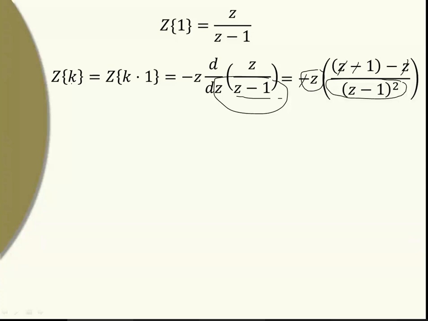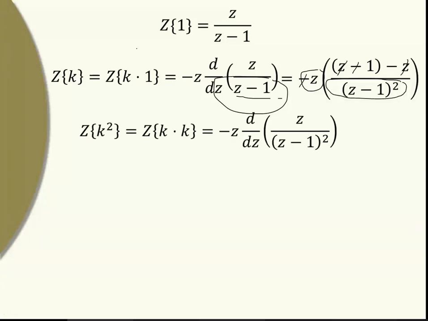We also want the Z transform of k square. So we can write k square as k into k. The Z transform of k is known to us, and for that we use the multiplication by k property, which is minus z d by dz of this term, that is z upon z minus 1 square.